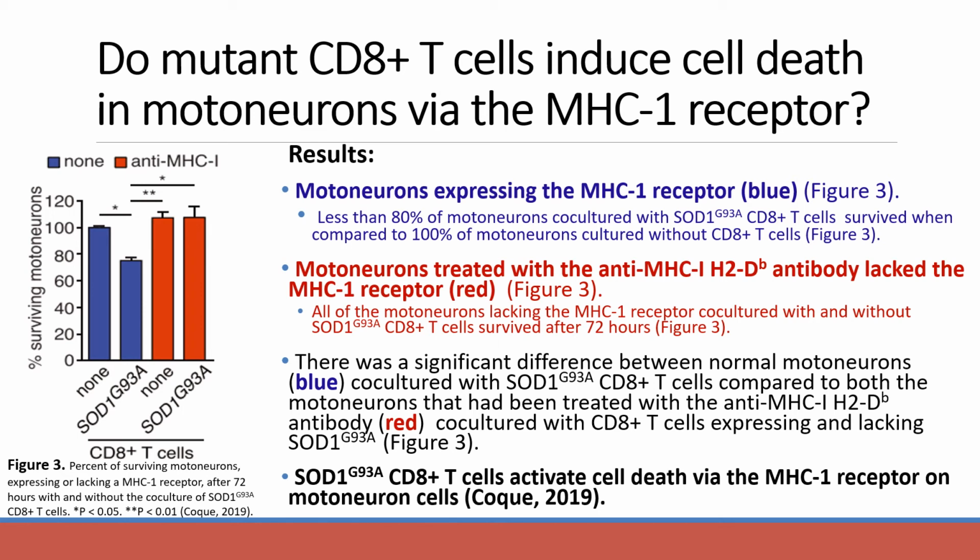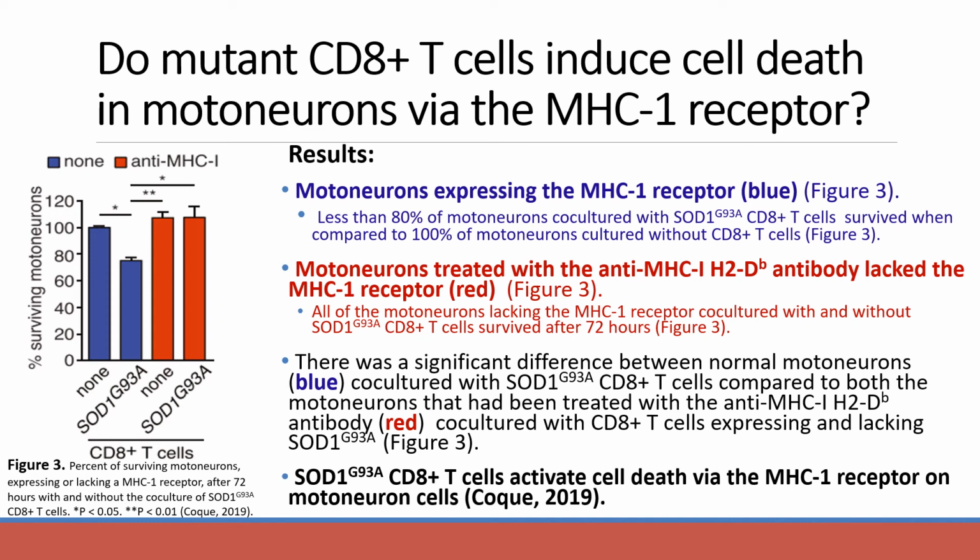So now you can see that there was a significant difference between the normal motor neurons co-cultured with the mutant SOD1 CD8 T cells, that's the shorter blue bar, being compared to both the motor neurons that had been treated with the antibody co-cultured with and without CD8 T cells that are mutated. So when you're taking the two red bars and comparing them to the shorter blue bar, you're looking at motor neurons that don't have their MHC1, the red.